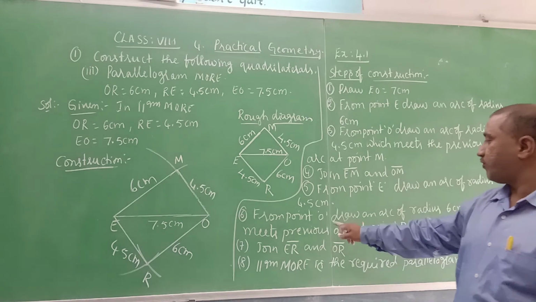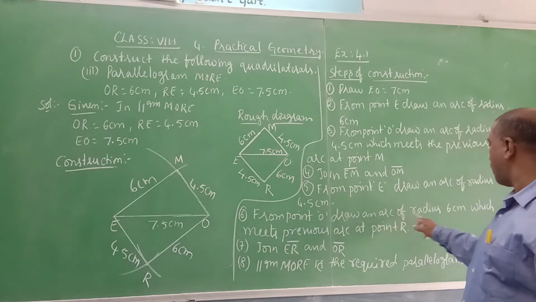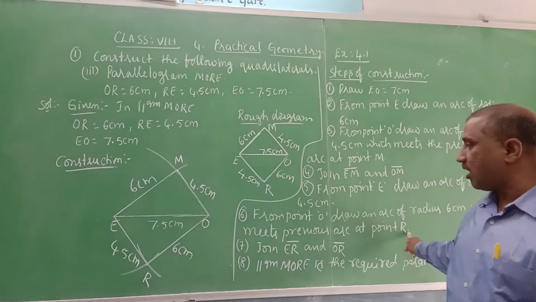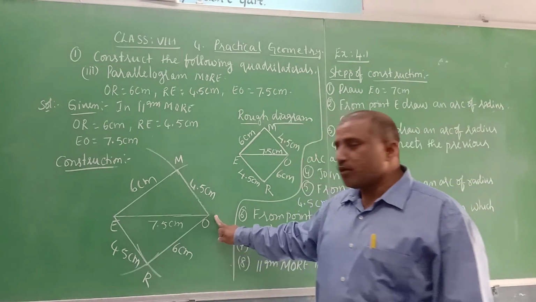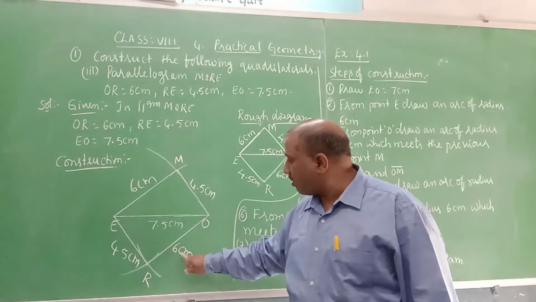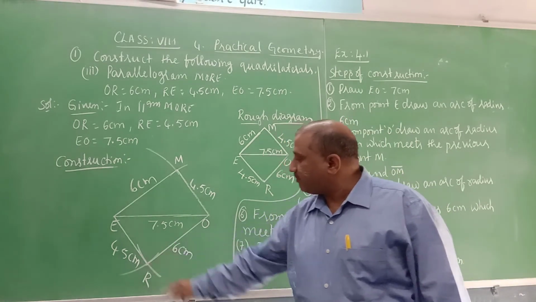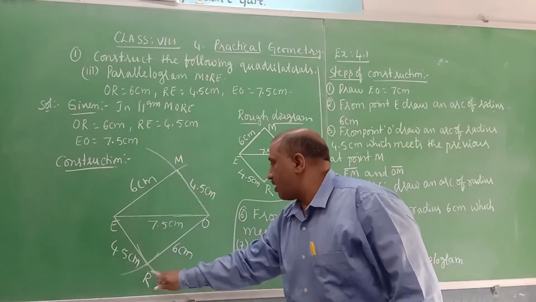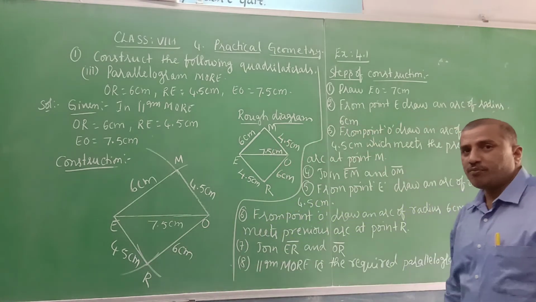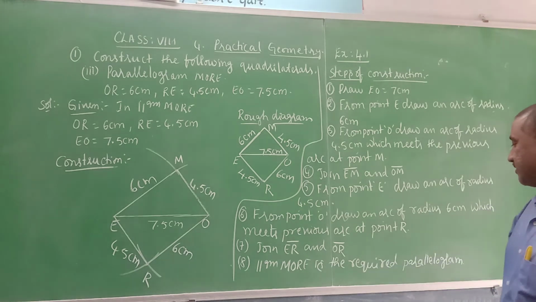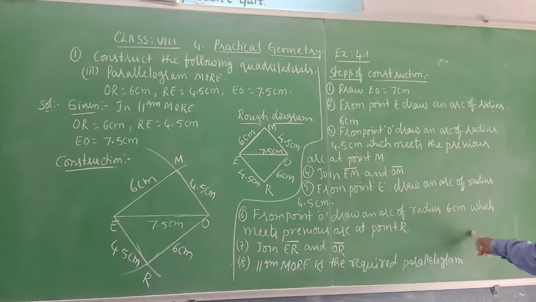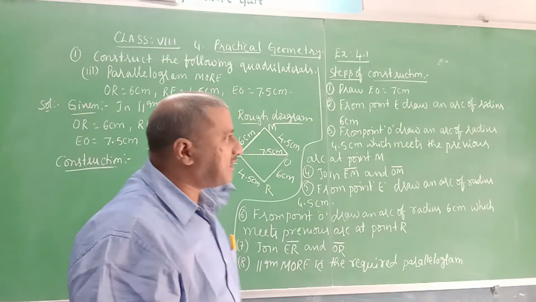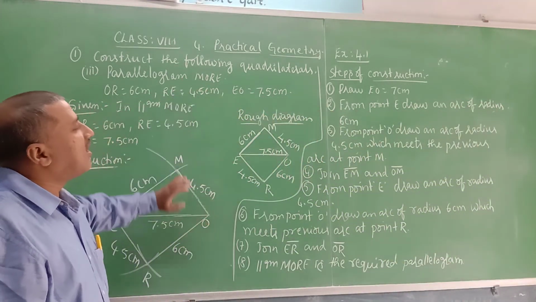And the sixth step, from point O, draw an arc of radius 6 centimeters, which meets the previous arc at point R. Then join ER and OR. Now parallelogram MORE is the required parallelogram. Like this, the sequence of steps that we did, we will write in sequential order to get the steps of construction.